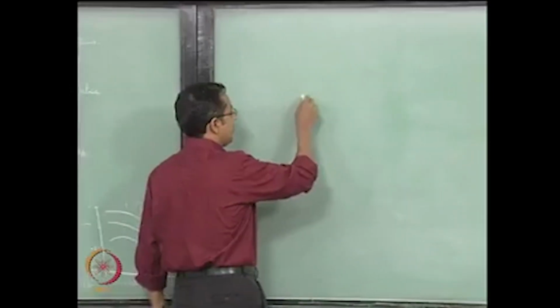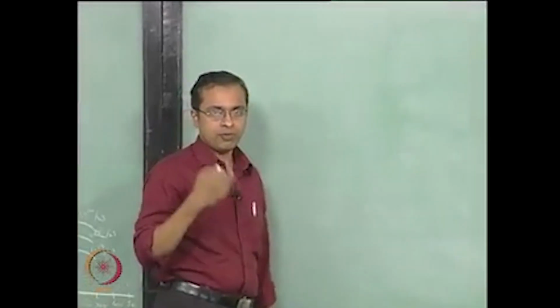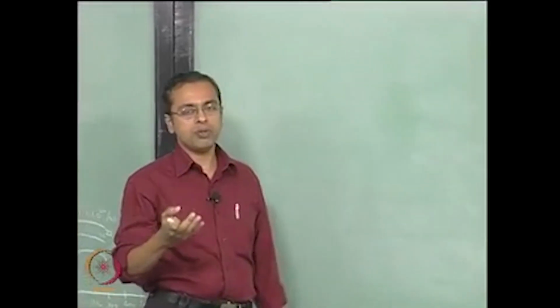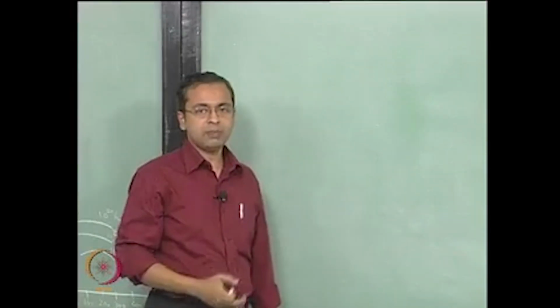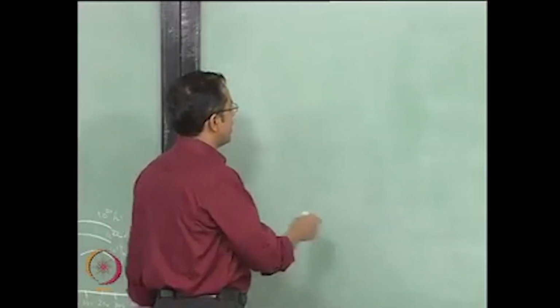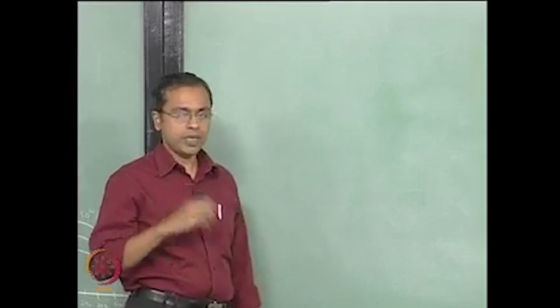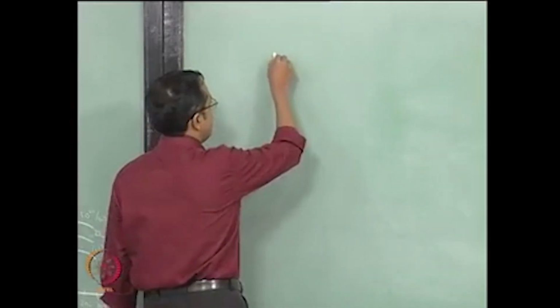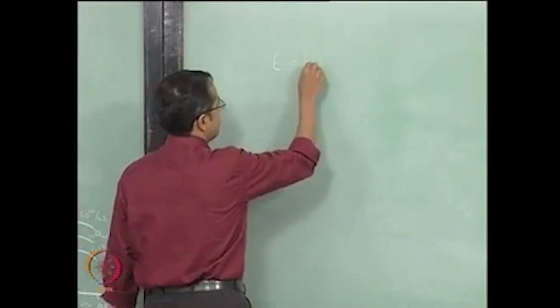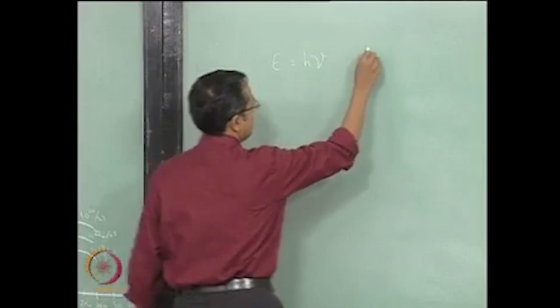So when you talk of optical properties, often we are talking of light in the visible spectrum. So we are looking at wavelengths in the visible spectrum. The energy of those wavelengths is E equals h nu, which is equal to h c by lambda.